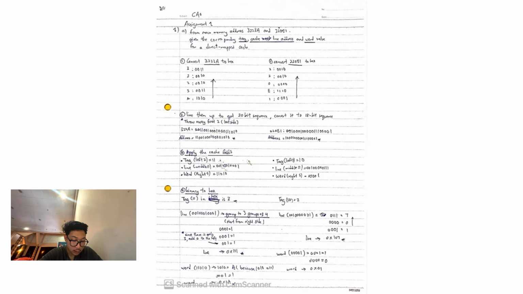For the line, we group into groups of 4 starting from the right side. So the line will be 111 for the first, and for the second address we get 01. For the word, we get 1A for the first address, and 10 for the second.